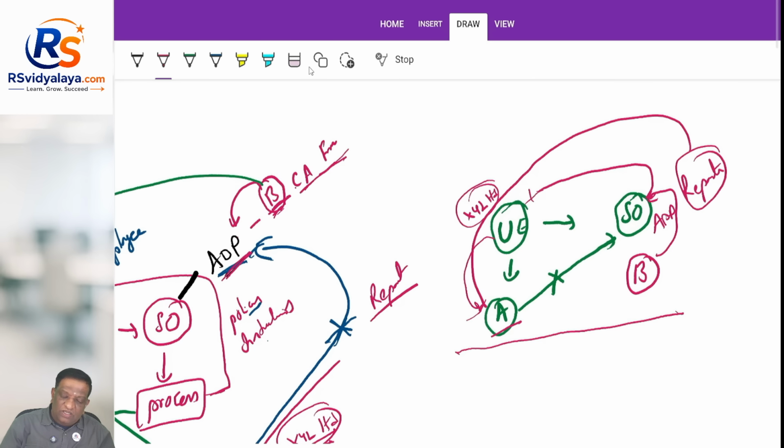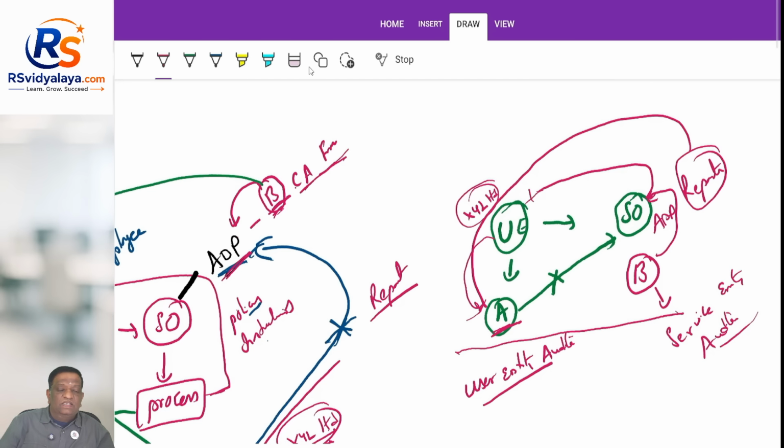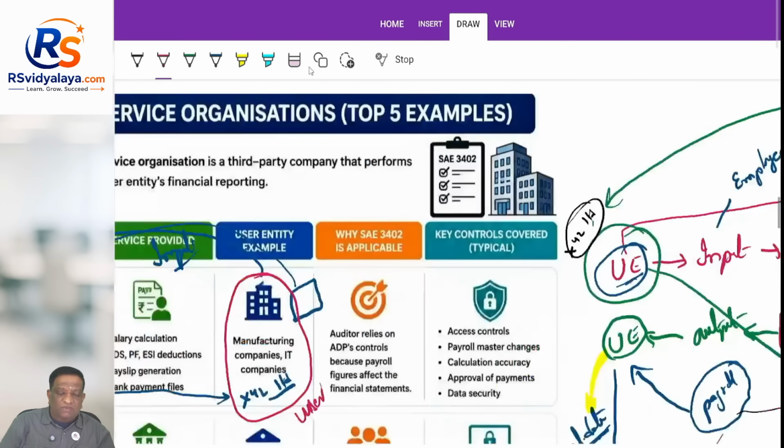He is the user entity auditor, that is, indirectly the auditor of the user entity, and B is called the service auditor. So, this is the broad background behind how this flow happens as far as SAE 3402.